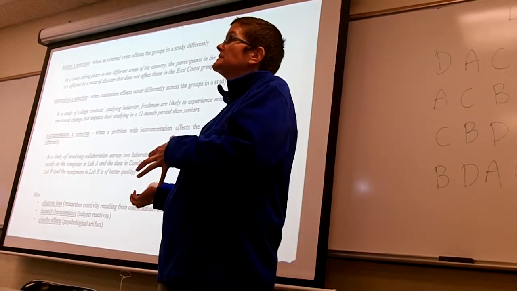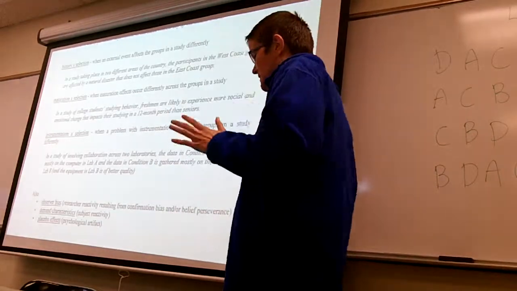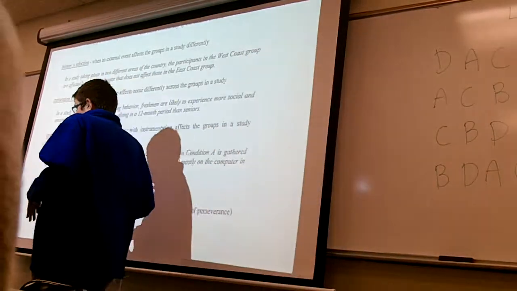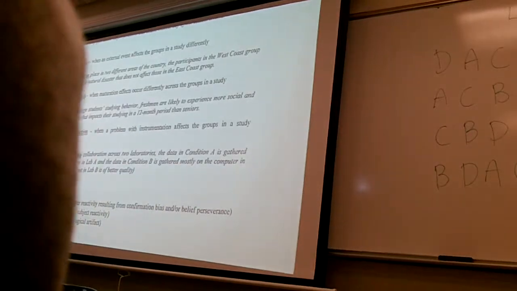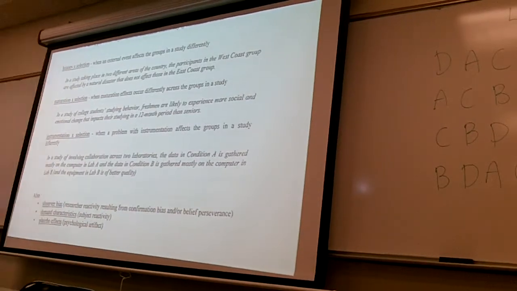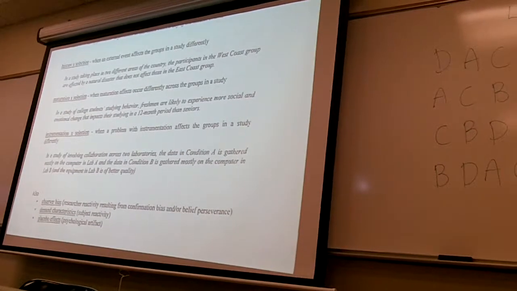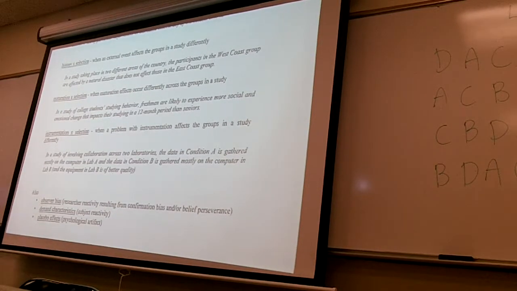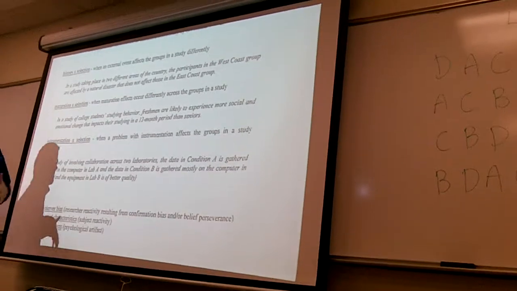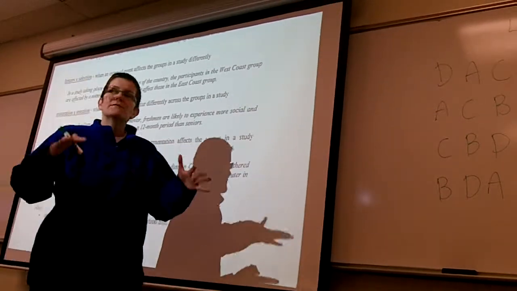So imagine, for example, you're studying people's exercise choices and how much they exercise regularly, and the exercise program that you're looking at involves people going outside and going for a walk, going for a jog, going wherever.